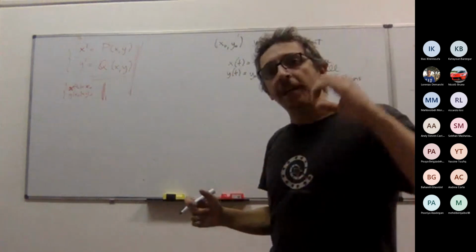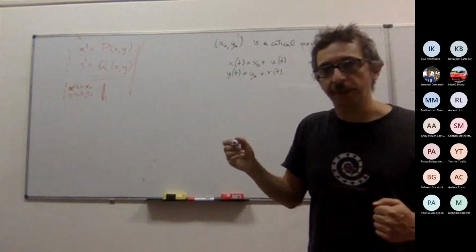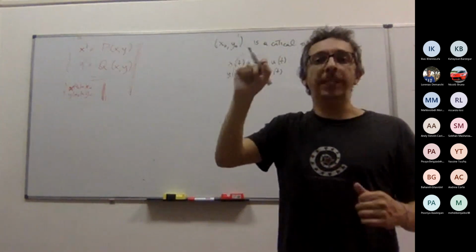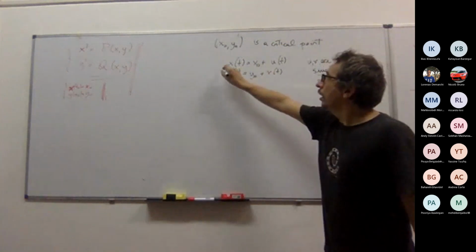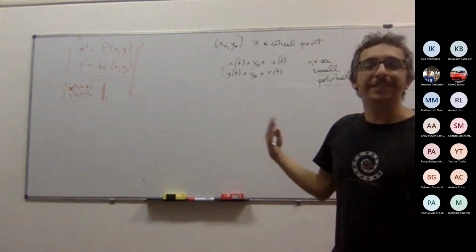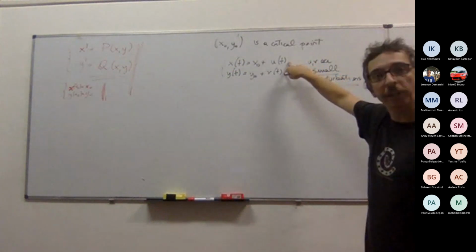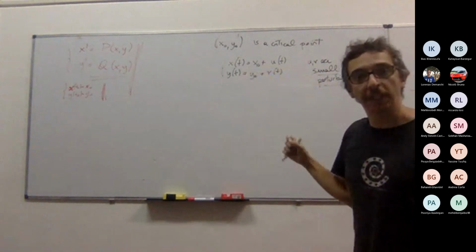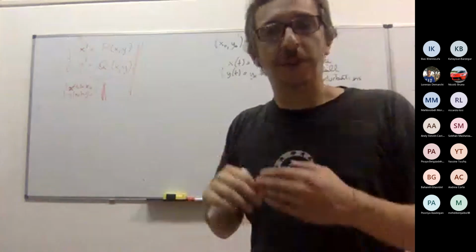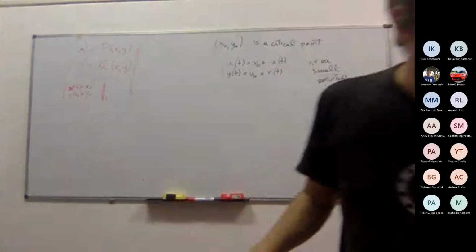Remember that stability implies some condition on paths, on solutions, which start close to the critical point. We will look at the behavior of this solution that starts close to the critical point, and see if it stays close enough for the critical point to be stable or not.